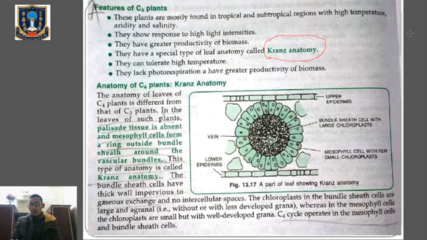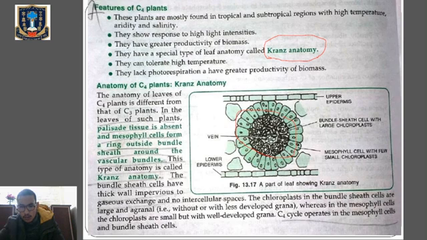If you remember, we have learned in the anatomy of the leaf that the mesophyll tissue is divided into palisade and spongy mesophyll cells. Here in Kranz anatomy the palisade tissue is absent. In the absence of palisade tissue, the mesophyll cells form a ring outside the bundle sheath. Can you see this ring over here? This ring is formed by the mesophyll cells, outside the bundle sheath around the vascular bundle.